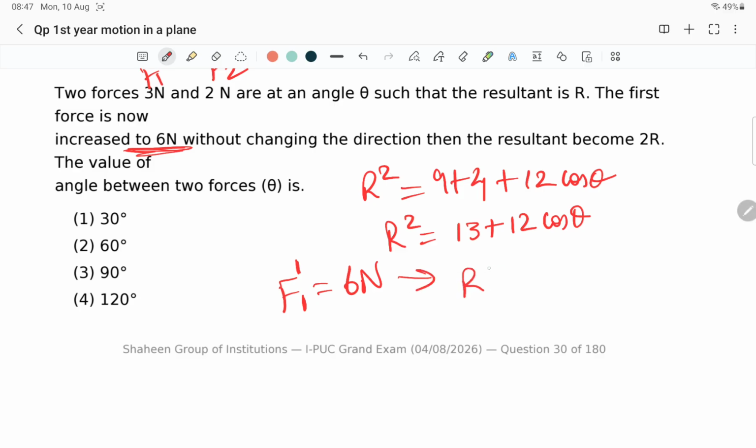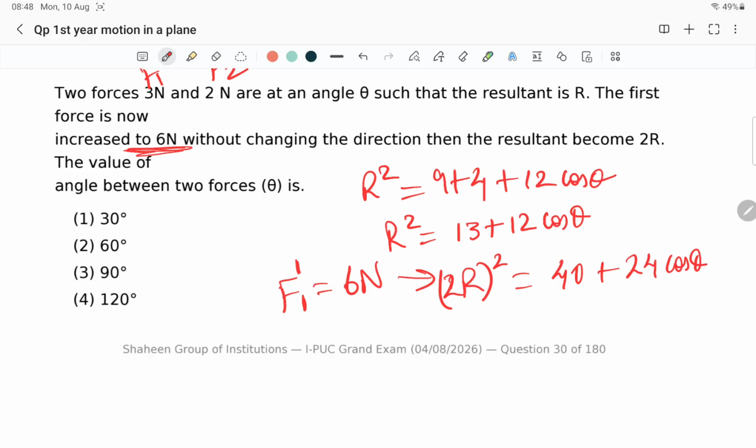So the new resultant is 2 times R, he says. Okay, the resultant becomes 2R. So 2R the whole square is equal to the new values. 6 square is 36 plus 2 square is 4, so you get 40 plus 2ab, which is 2 into 6 into 2, that is 24 cos theta. So you get these two equations.